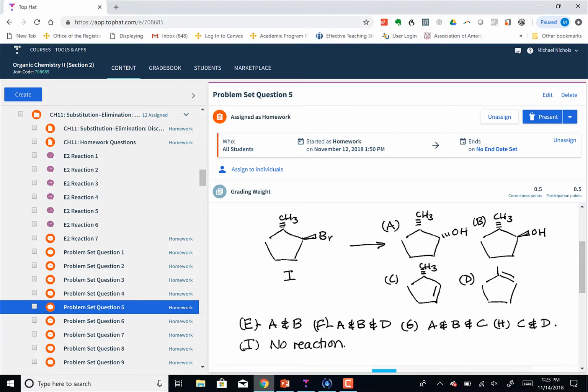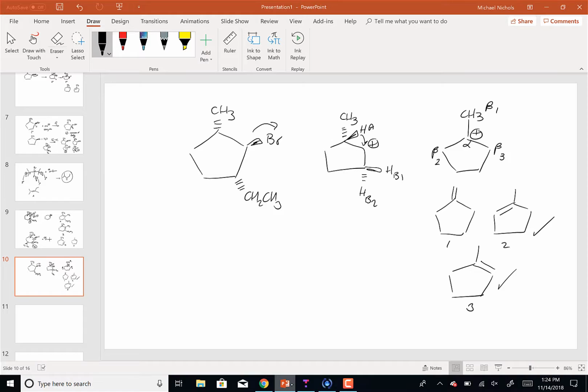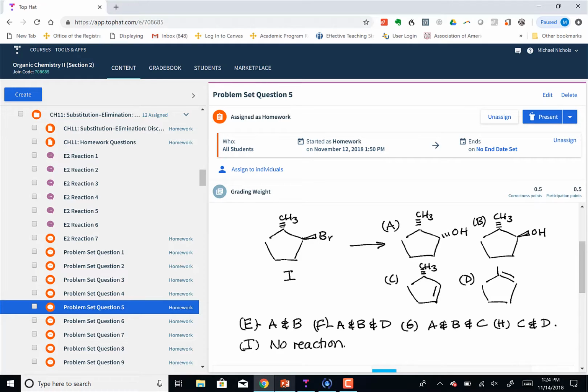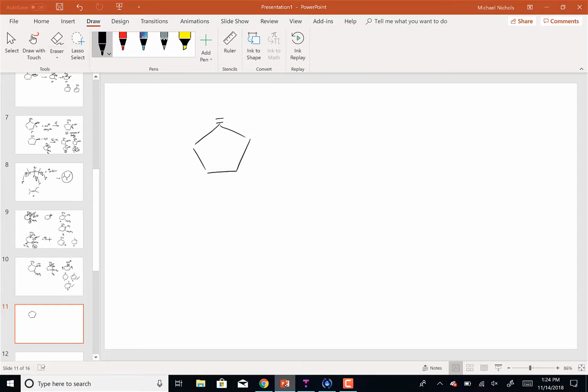Okay. For this problem, what is or are the major products? Do we need help? So it was the same molecule, wasn't it? And the first one was reacting with hydroxide, right?